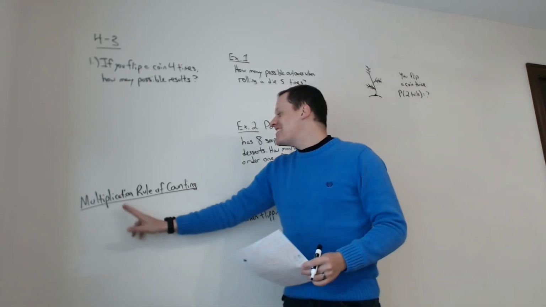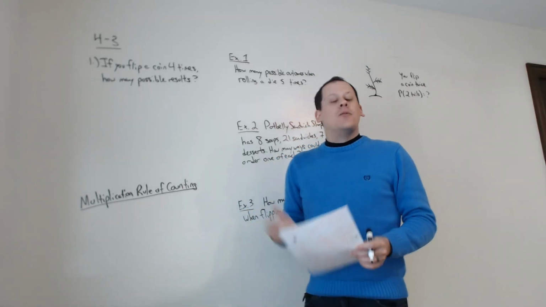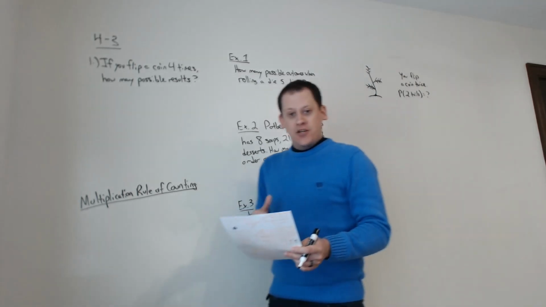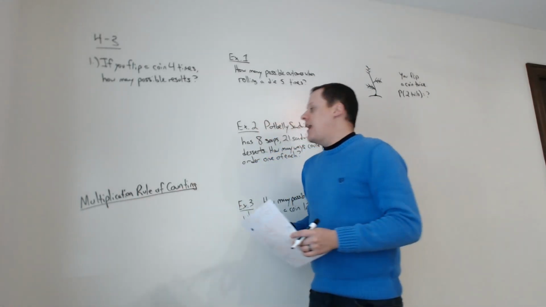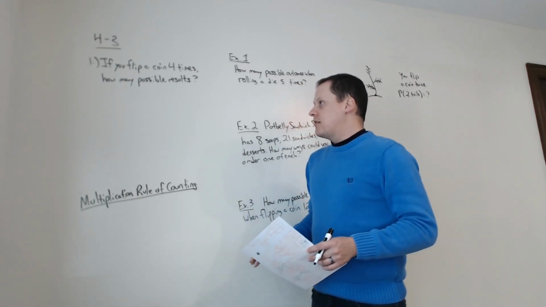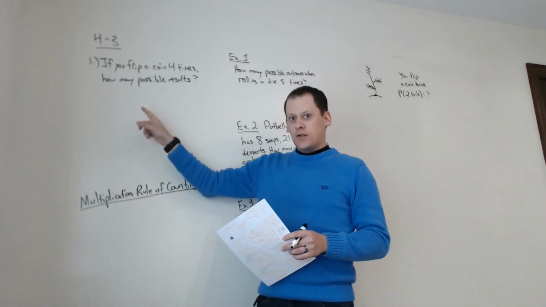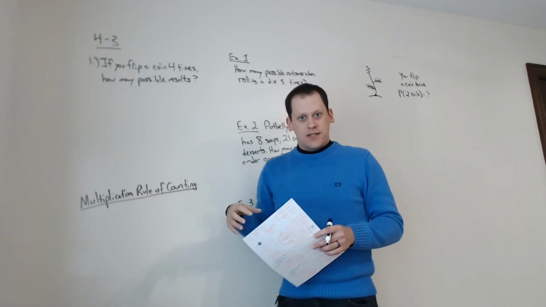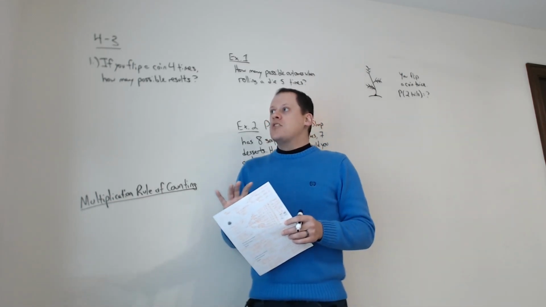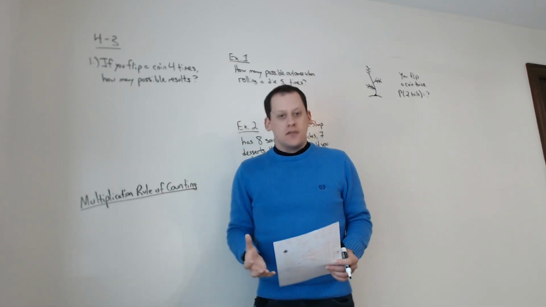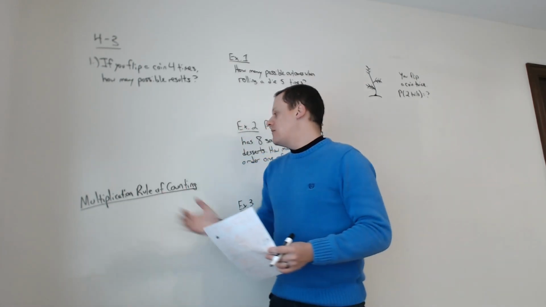Alright, so we're going to talk about, toward the bottom of the page here, what's called the multiplication rule of counting. This rule makes questions like this one, and some of the other ones that we're going to see in a few minutes, where the answer is a ginormous number, easy.